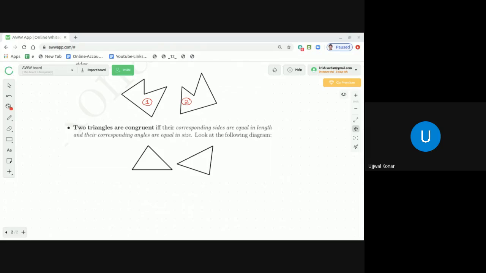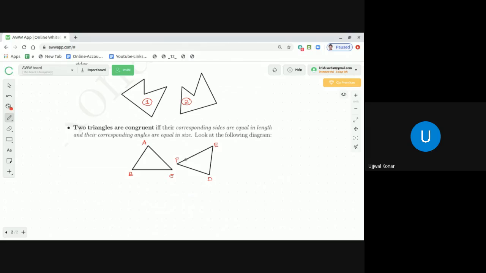What does it mean? Suppose I give the name of this triangle as ABC, and the other one DEF.